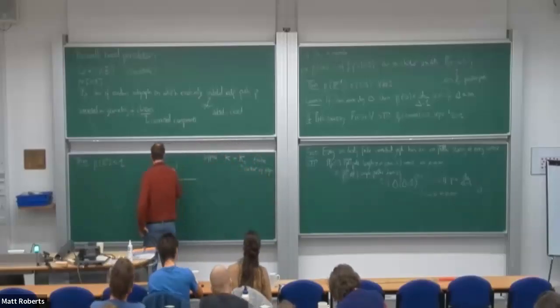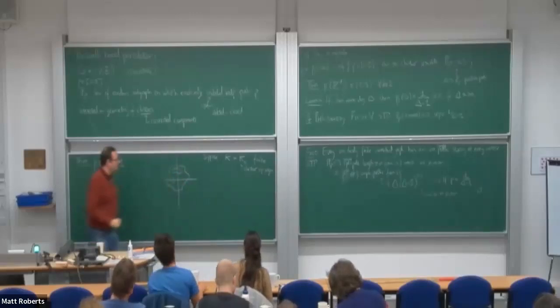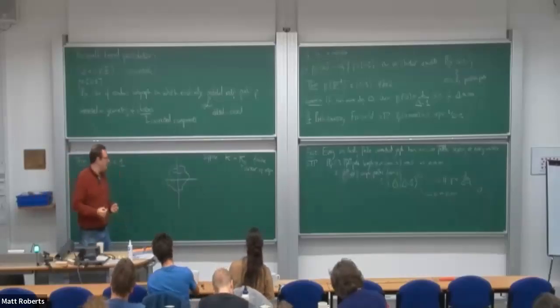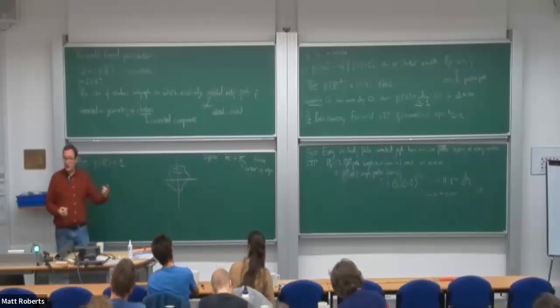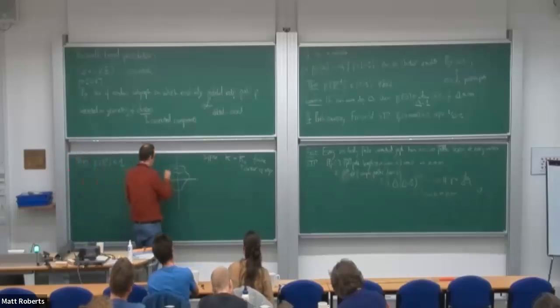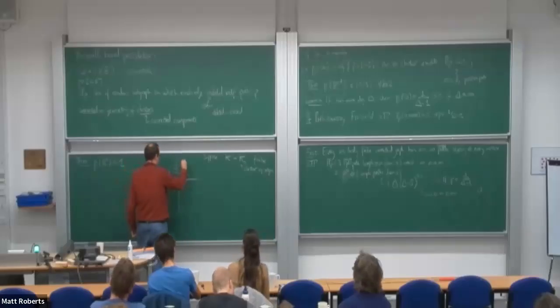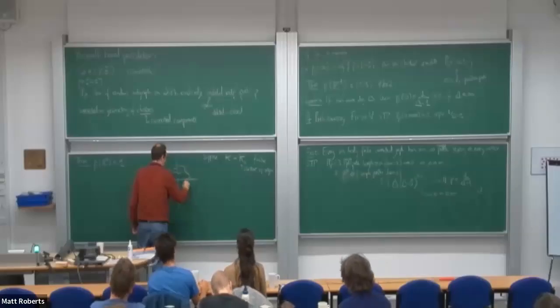So maybe it looks something like this. It could have some holes. Now what we notice is that I get this kind of outer boundary of the cluster. If I look at any of the edges which are adjacent to but not included in the cluster, then they must be closed, because otherwise they'd be in the cluster.